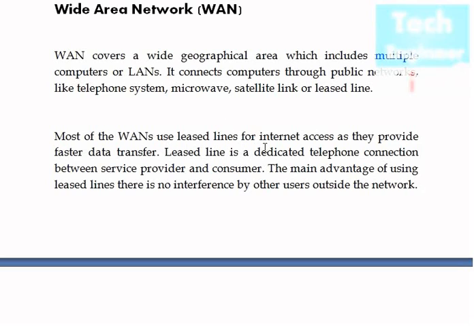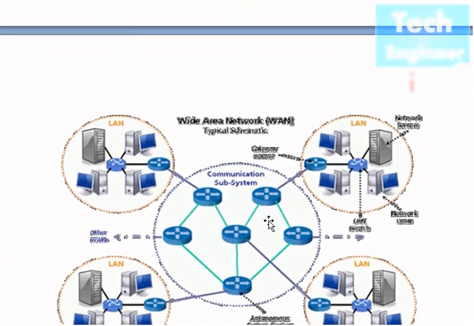Most WANs use leased lines for internet access as they provide faster data transfers. A leased line is a dedicated telephone connection between service provider and consumer. The main advantage of using a leased line is that there is no interference by other users outside the network. This is the theory of the leased line.